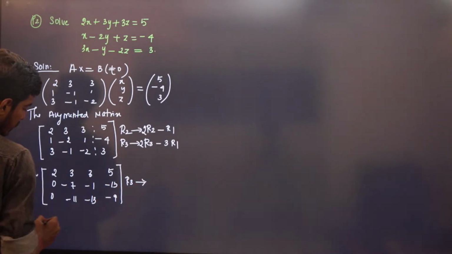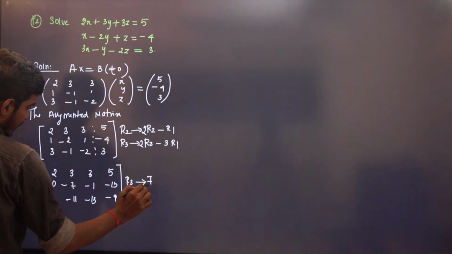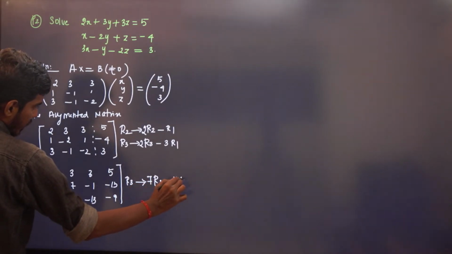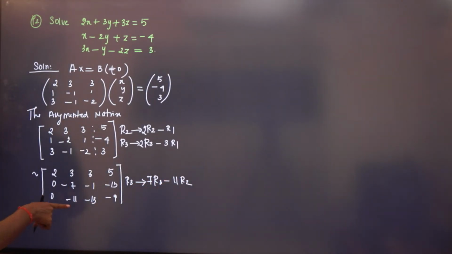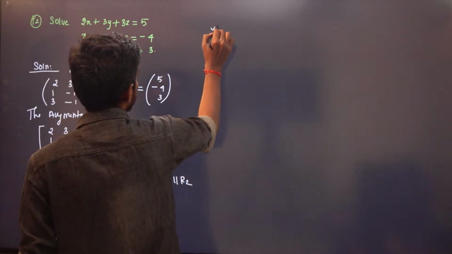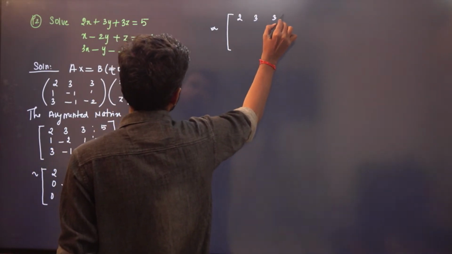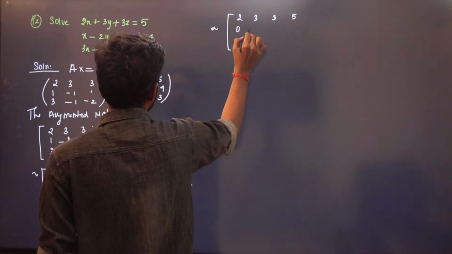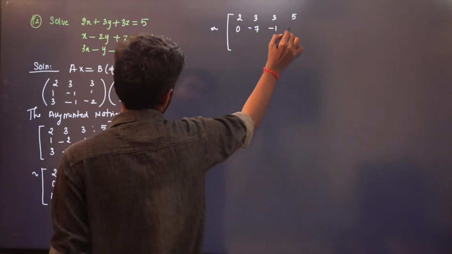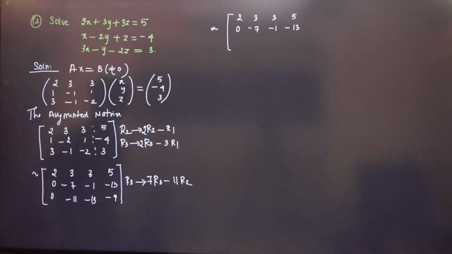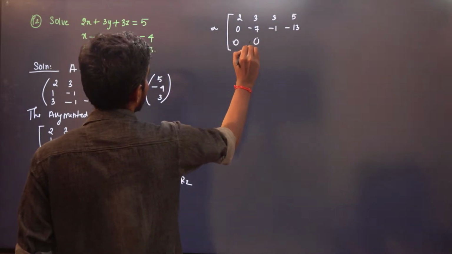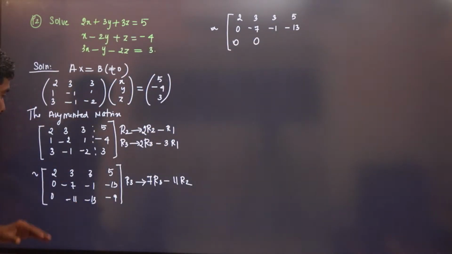So R3 is transformed to 7 times R3 minus 11 times R2. Is it clear? If I multiply by 7, it will be 77. If I multiply 11 here, it will be 77. So after this it will be equivalent to 2, 3, 3, 5; 0, -7, -1, -13. So 7 times R3 minus 11 times R2: this will be 0 because this is -77 plus 77.